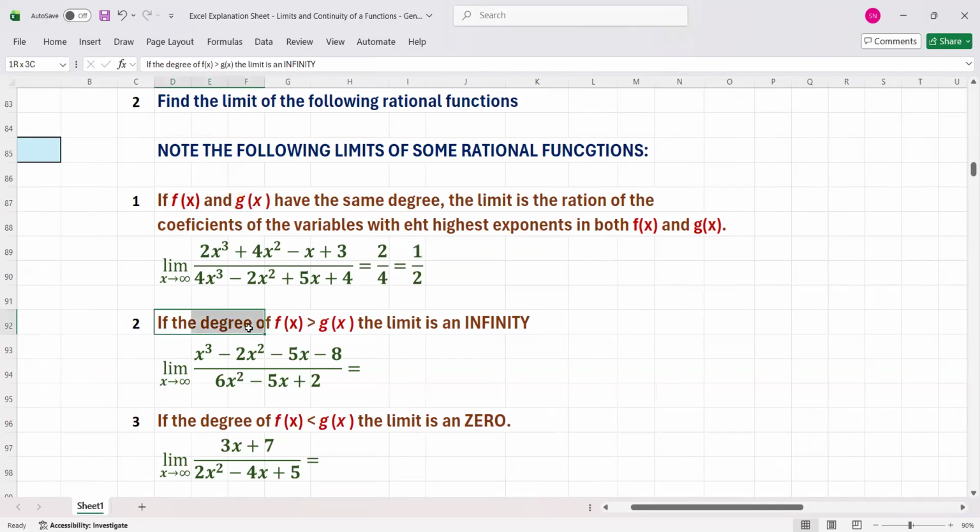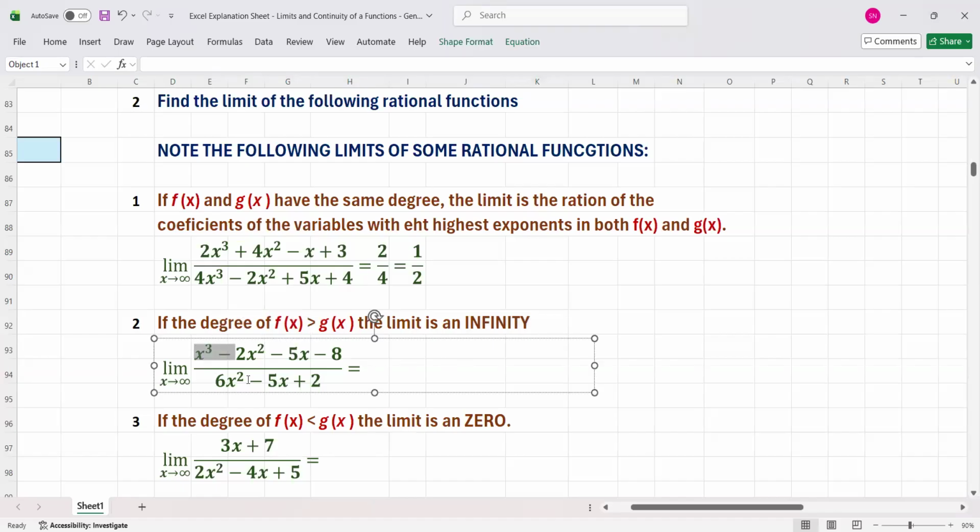Now, what if the degree of the numerator is greater than the degree of the denominator? If the degree of the numerator is greater than the degree of the denominator, then the limit approaches infinity. So we look at the numerator: the degree here is 3. The degree here is 2.